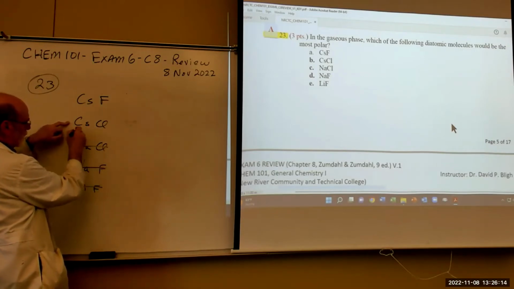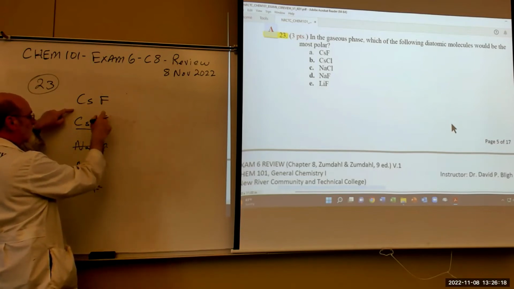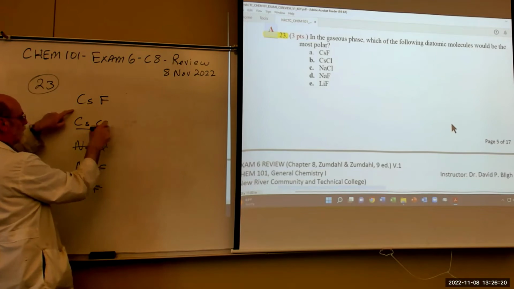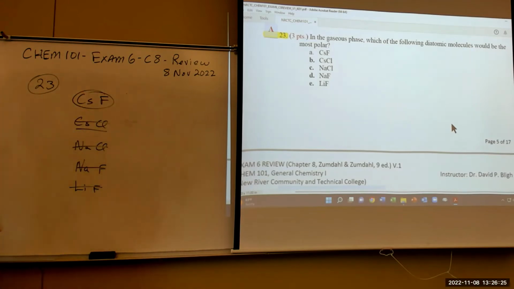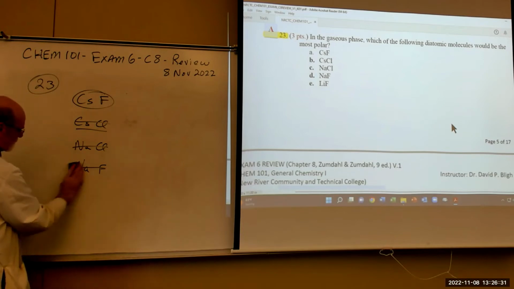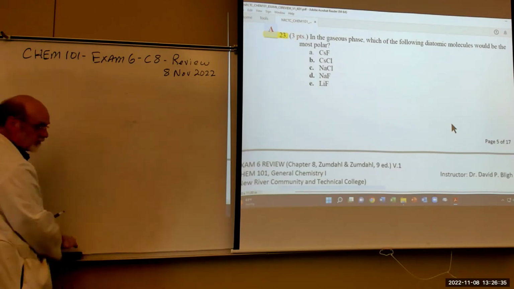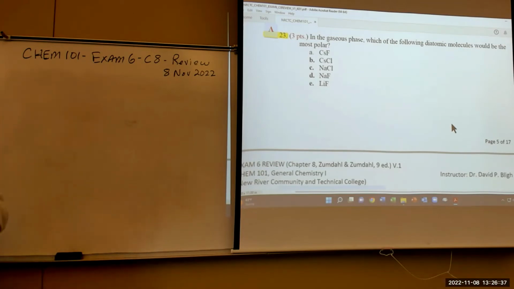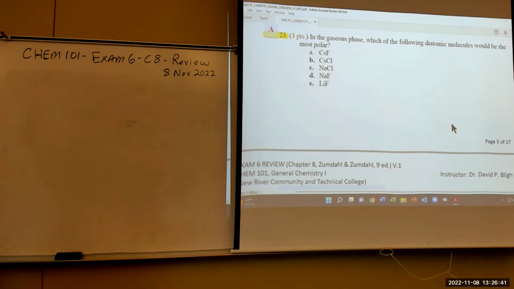But now you compare fluorine and chlorine. Fluorine is more electronegative than chlorine. There's your answer. Process of elimination, or if you've got a periodic table in front of you, you can look at which one is the furthest apart and go straight to cesium fluoride.